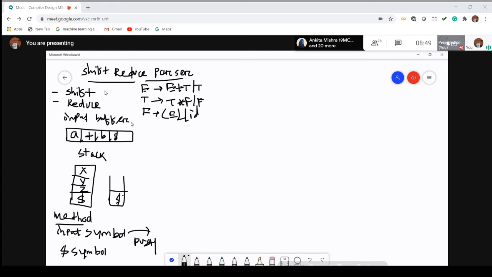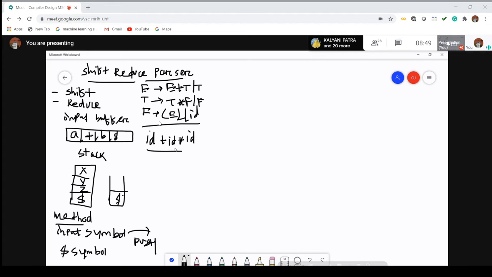This grammar is given. My input string is id plus id star id. For this one I have to construct the shift reduce parser.